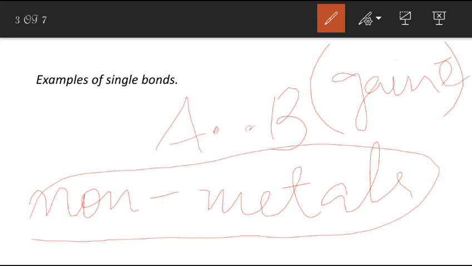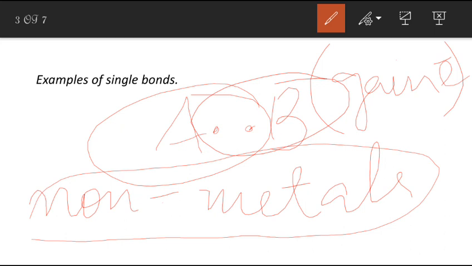They contribute electrons in order to become stable, to attain the nearest noble gas configuration. Non-metals usually have 5, 6 or 7 electrons in the outermost shell.